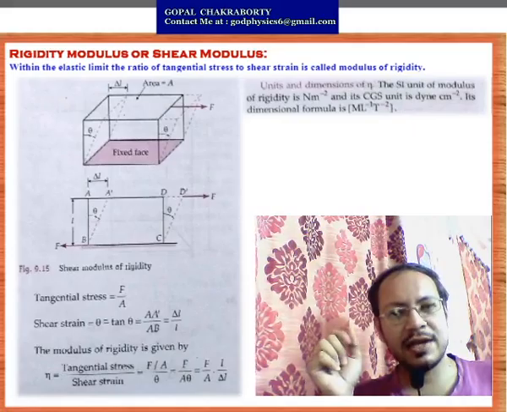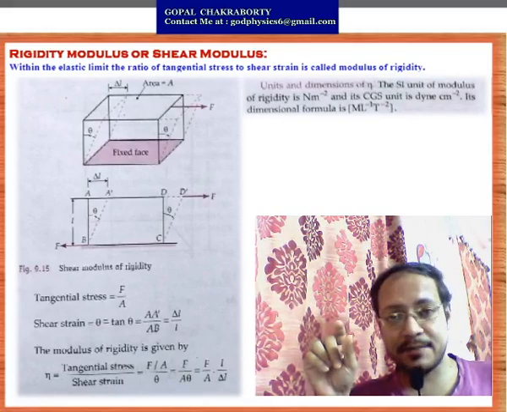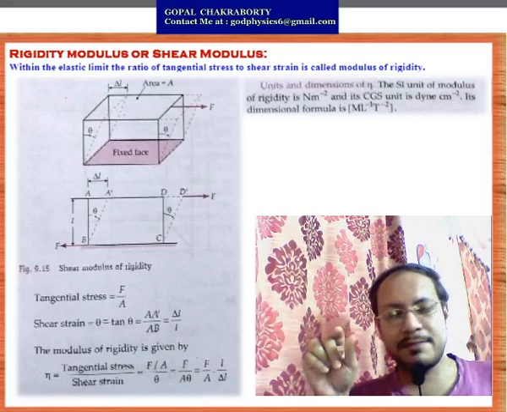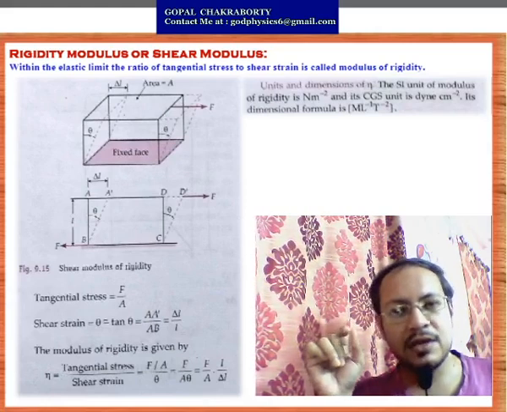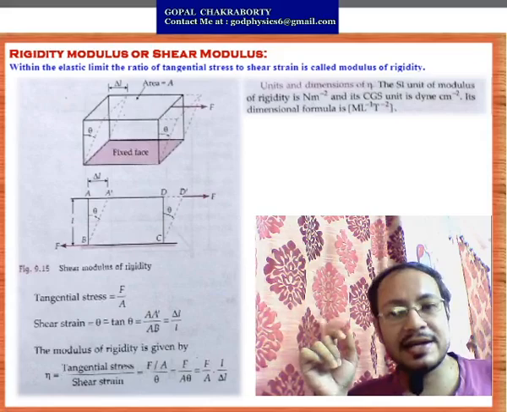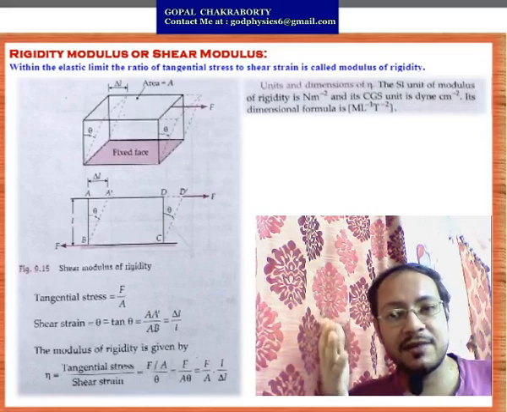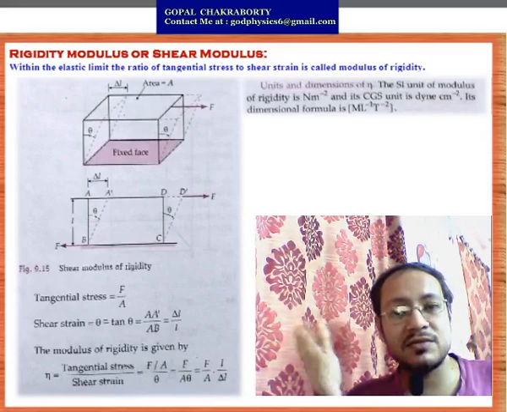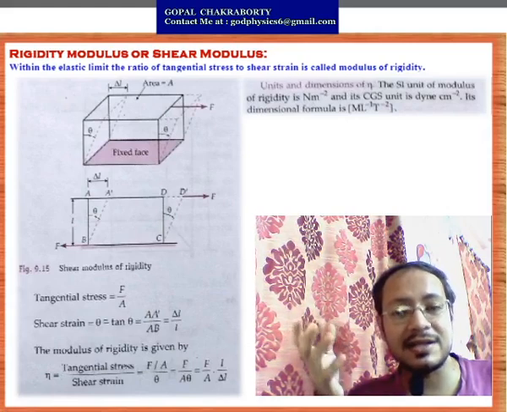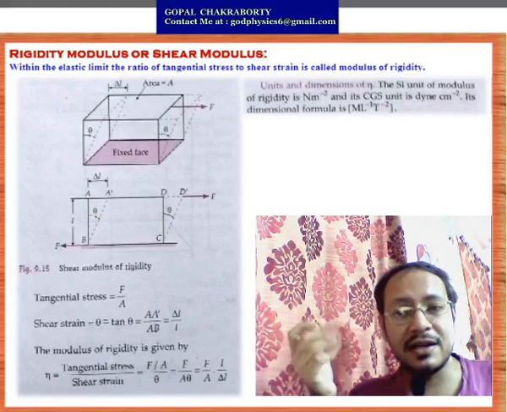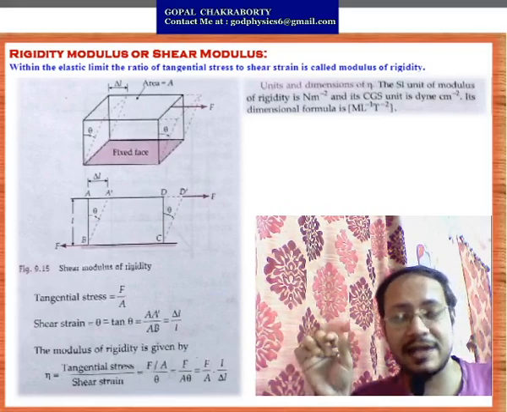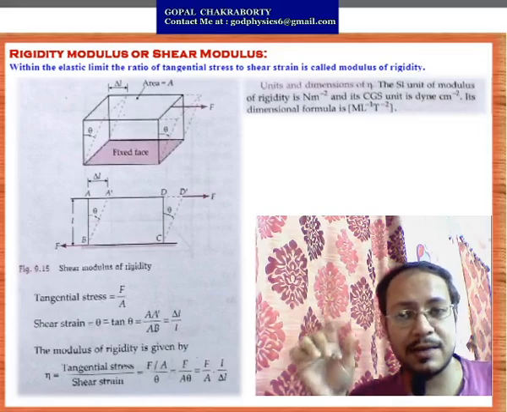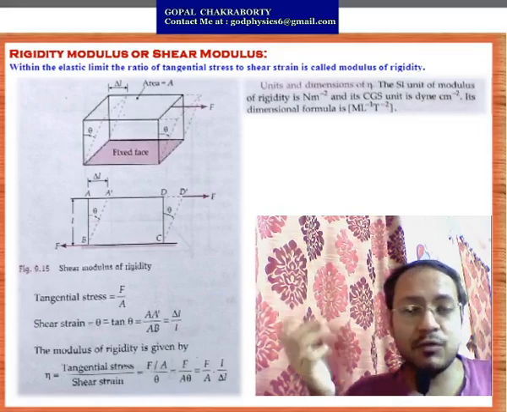Here it is shown that the change in angle is theta. You can represent theta in terms of the length and the height. Since theta is very small, theta equals tan theta. So from here it is AA dash by AB, that means del L by L. If L is the actual length and del L is the change in length, then del L by L gives you the value of theta.